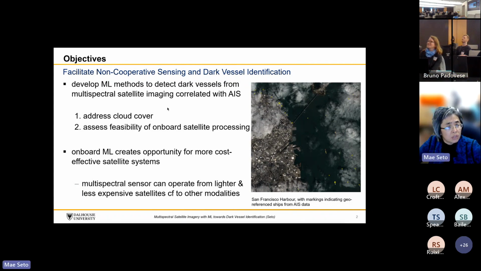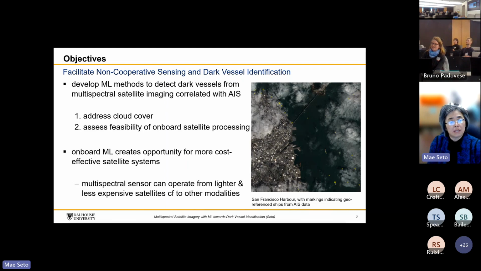Okay, so what I'm trying to do is correlate AIS with satellite-based measurements of ships in the multispectral range to not just detect, but to identify dark vessels as well. So the novel aspects we're looking at is the ability to see through cloud cover.